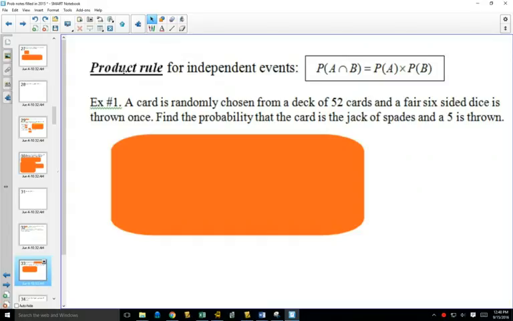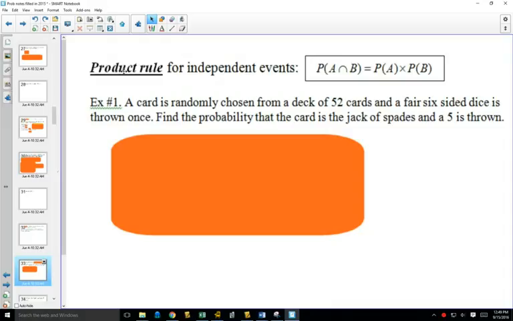So here's a great example. If you had to do the sample space of 52 cards and a 6-sided dice and list them all, oh, you could have the ace of spades and a 1, ace of spades and a 2, ace of spades and a 3, ace of spades and a 4, and have to list them all. It would take your whole page.